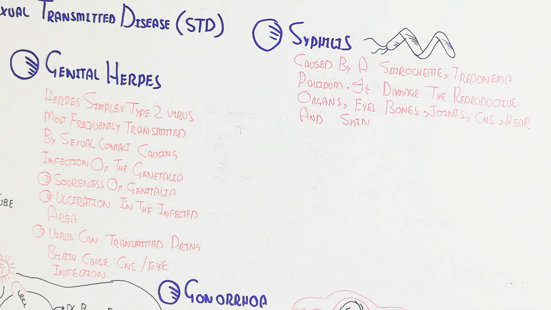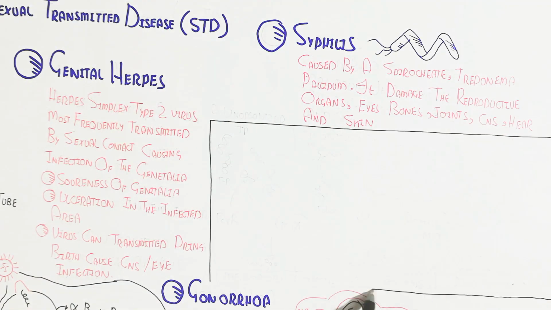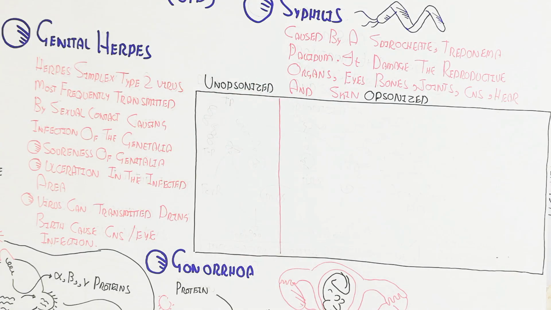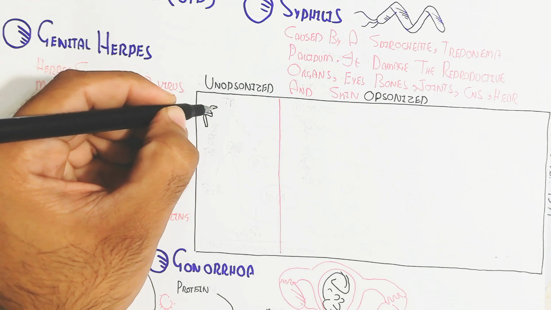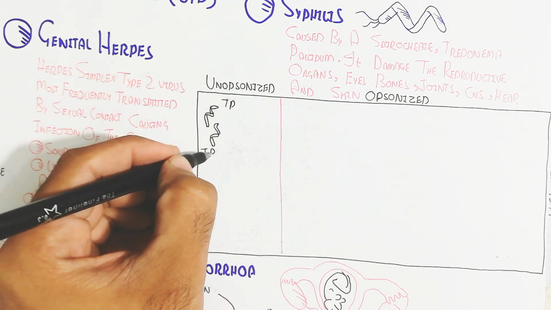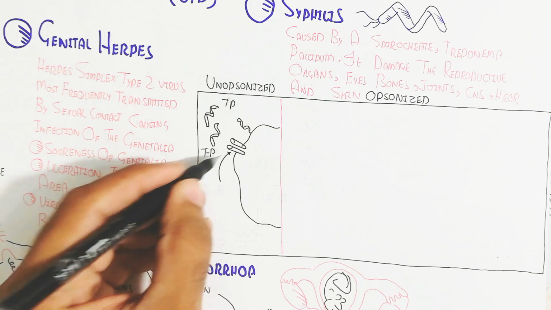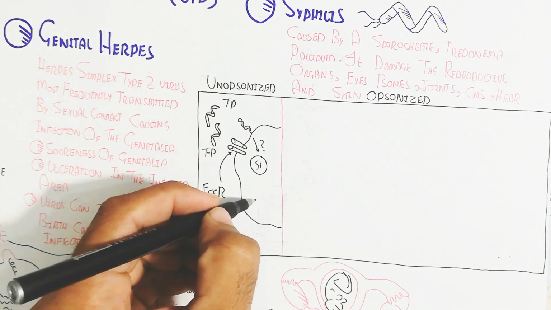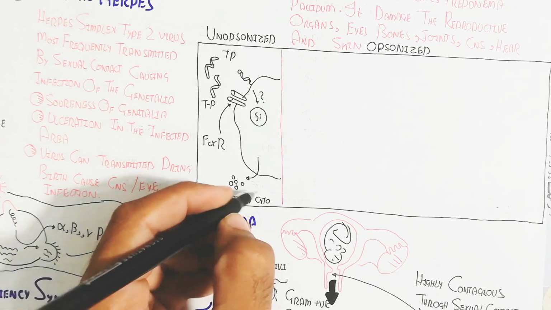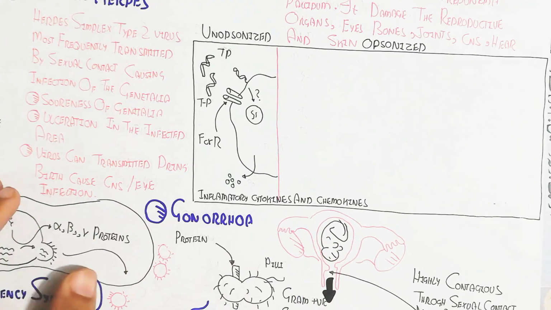Let's begin to understand the mechanism of infection of syphilis. Because it is a bacterium, you need to understand the unopsonized and opsonized mechanisms. In the unopsonized mechanism, first of all, the macrophage of the innate immune system is activated, and when the Fc receptor binds Treponema pallidum it will possibly lead to endocytosis and produce inflammatory cytokines and chemokines.